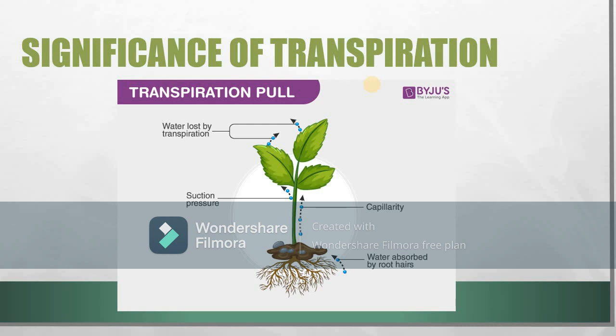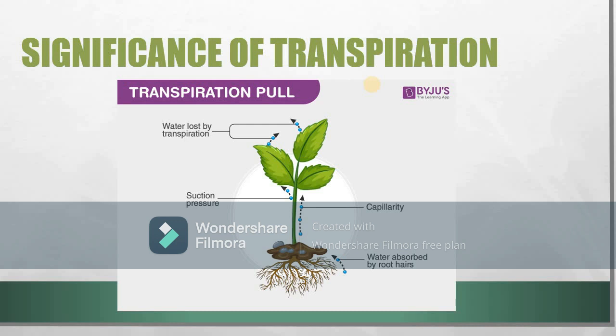So obviously it is important, because water can be transported from one part to the other through the transpirational pull. When water transpires from the surface of the plant, it also has a cooling effect on the plant, and this is especially important in warmer environments.